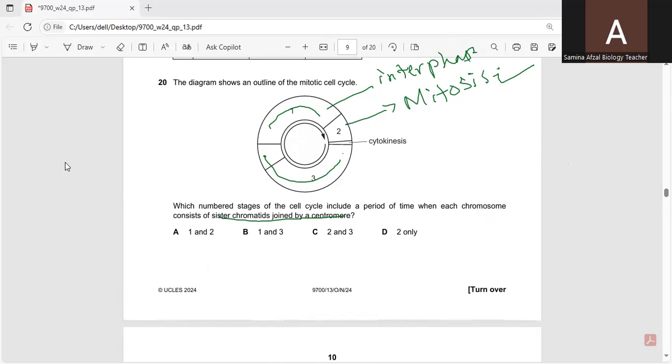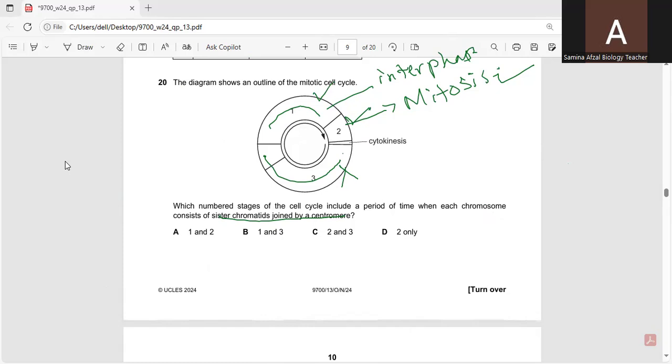and in interphase, the chromosomes are copied and attached to their sister chromatids, joined by the centromere. So phases 1 and 2 are those phases when we can see chromosomes consisting of sister chromatids joined by the centromere.